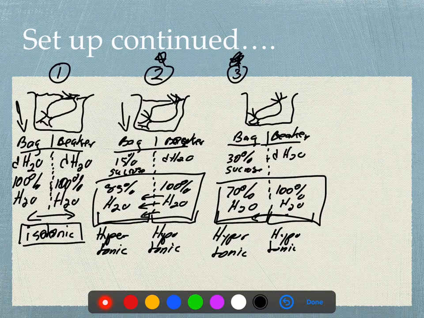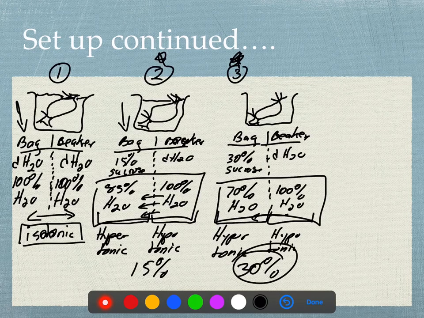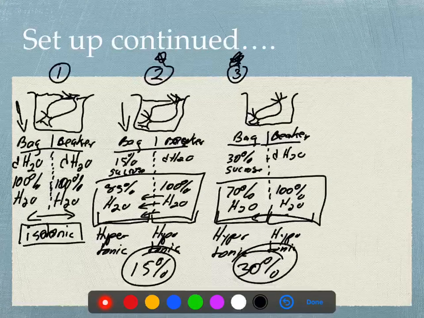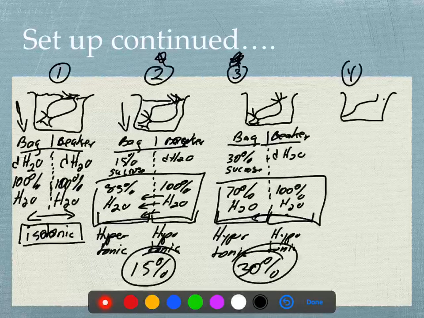The difference is only 15% between 100 and 85%, but the difference here is between 70 and 100. That's a 30% difference. So this is a higher concentration difference than this one, and that means that bag 3 should gain water faster, right? That's the degree of the concentration gradient as a factor that affects diffusion, in this case the diffusion of water.